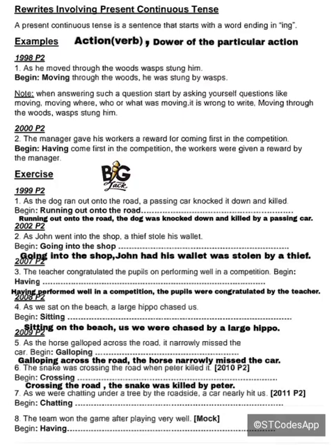No, which means Peter was crossing the road and the snake killed Peter. So here, follow the layout that I've given you. The action should come first. After the action, you put the comma, then the doer of that particular action. So, crossing the road, comma, the snake was killed by Peter. Then question 7.